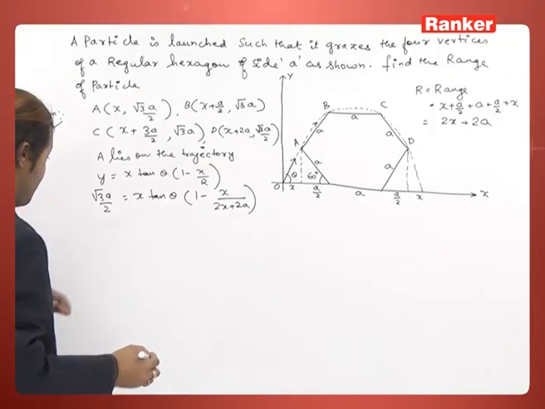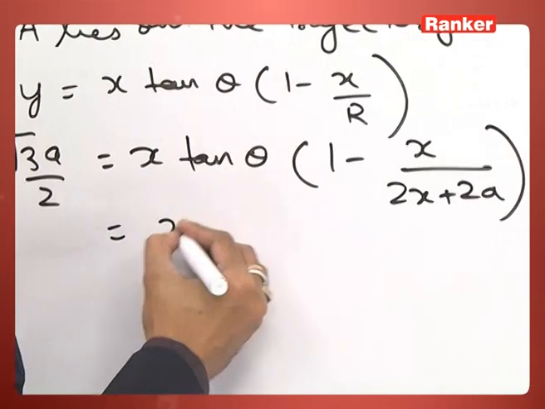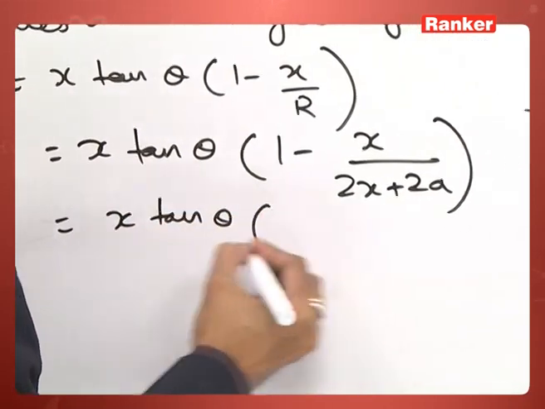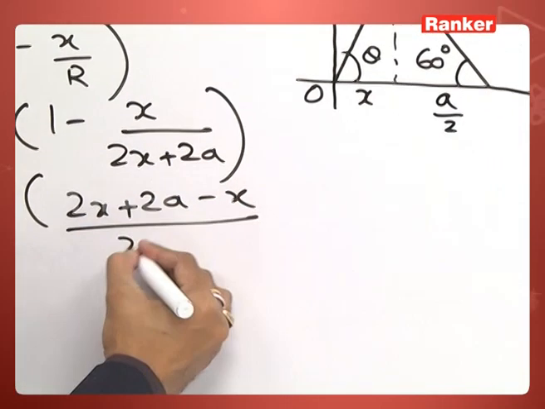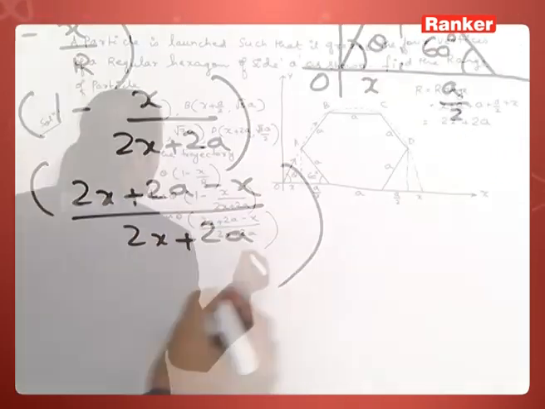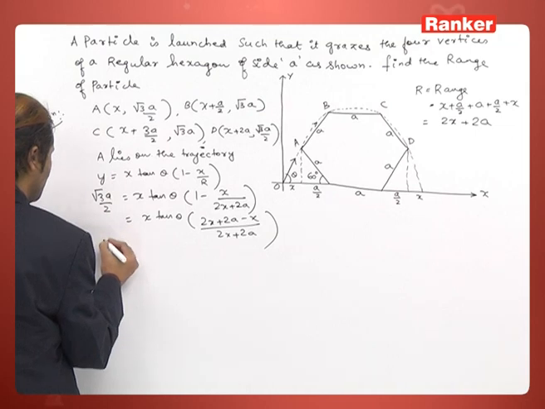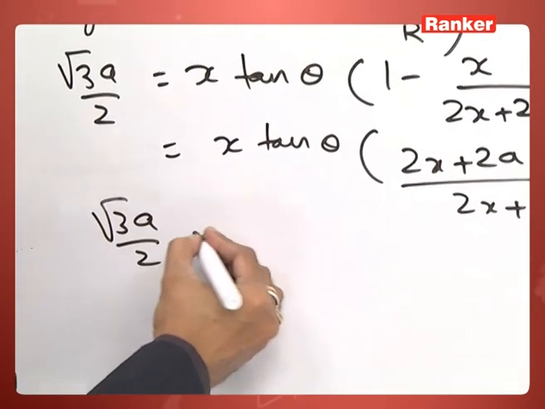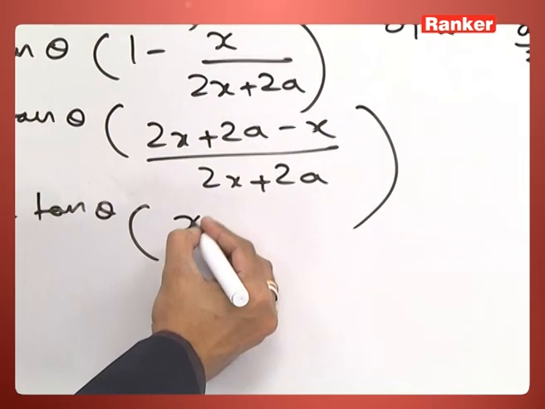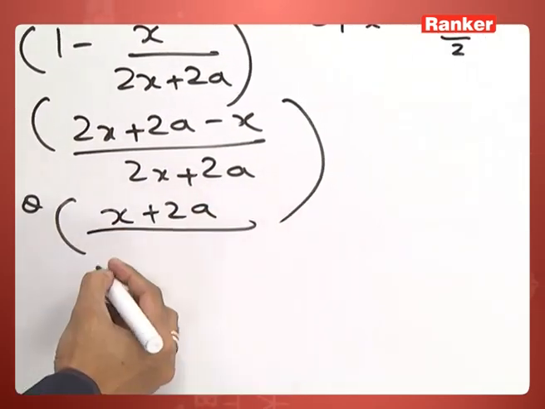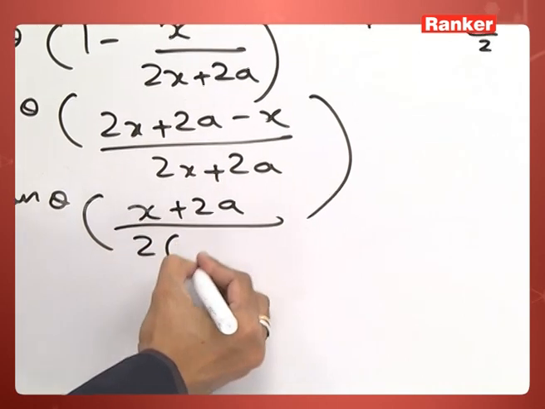So this becomes x tan theta into (2x plus 2a minus x) by (2x plus 2a). So that becomes root 3a by 2 equal to x tan theta into (x plus 2a) divided by 2 common (x plus a).